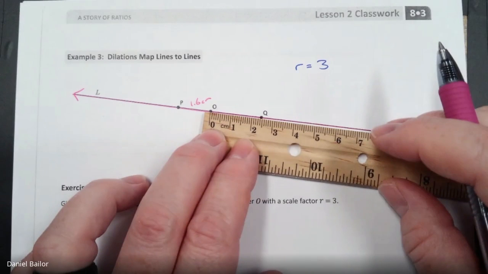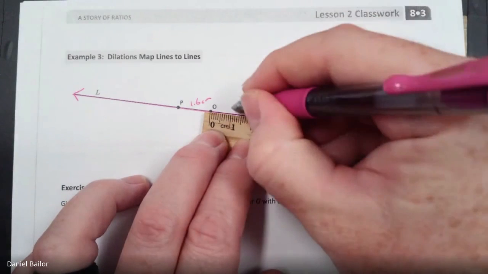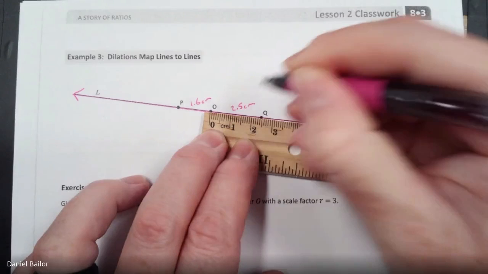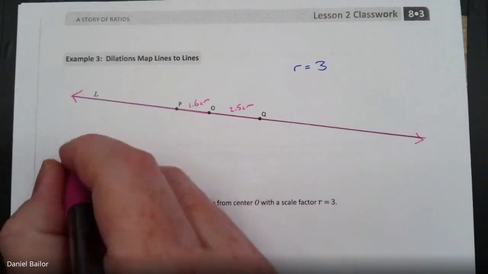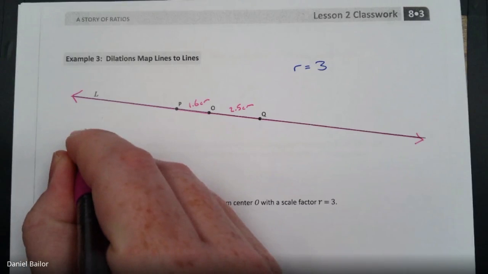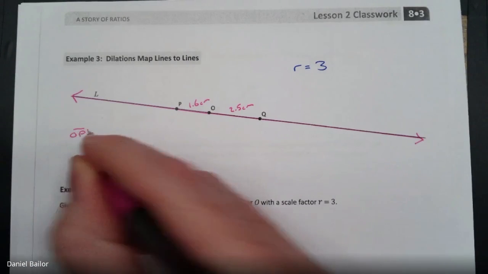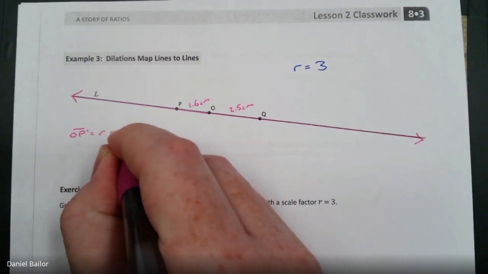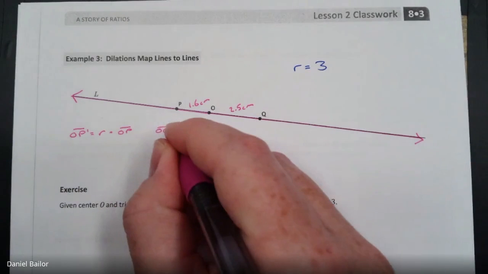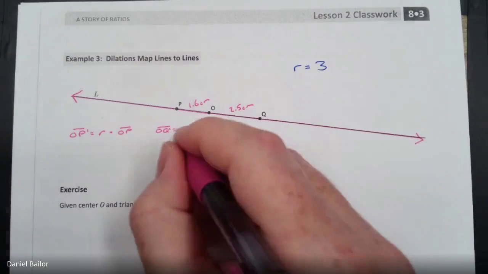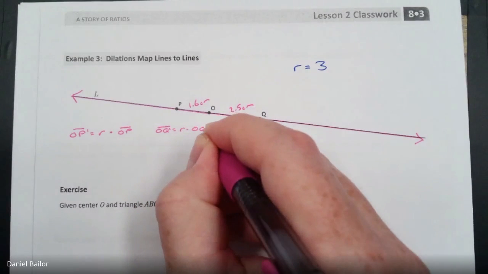OQ looks like it's 2.5 centimeters. Now the new ones, remember the R factor is 3. So OP prime is going to be R times OP. And OQ prime is going to equal R times the original OQ.